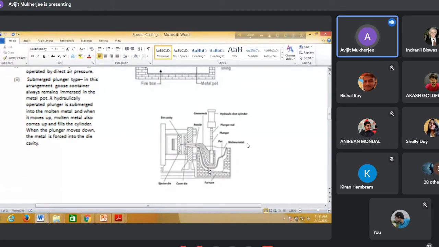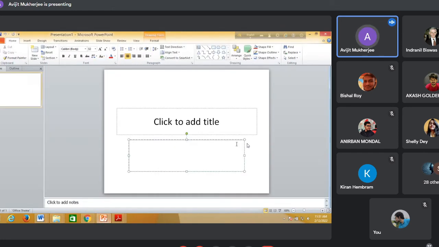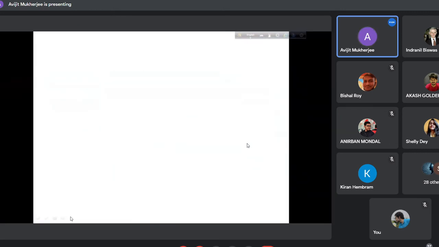And there may be another valve somewhere here. When I am pulling it up, that valve will be opened. When I am applying pressure, this is not as simple, but I am saying it for understanding. Say there is a valve. When the plunger is moving up, this is the liquid pot, the liquid is forced in, so the valve is opened by this liquid pressure.